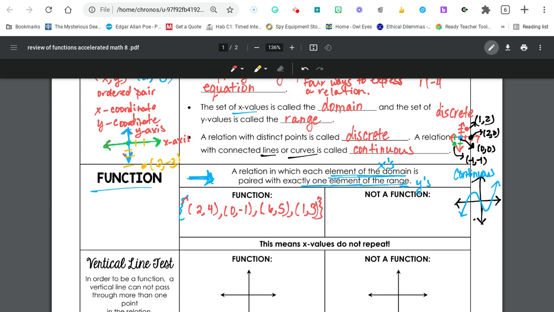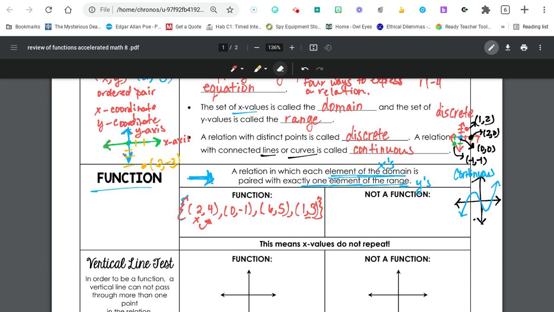And I put that in the set. Well, this is a function because look at each one of these x's. This x is only paired with 4. This x is only paired with, and we're focusing on the x's, guys, -1. This x of 6 is only paired with 5. And this x of 1 is only paired with 3.